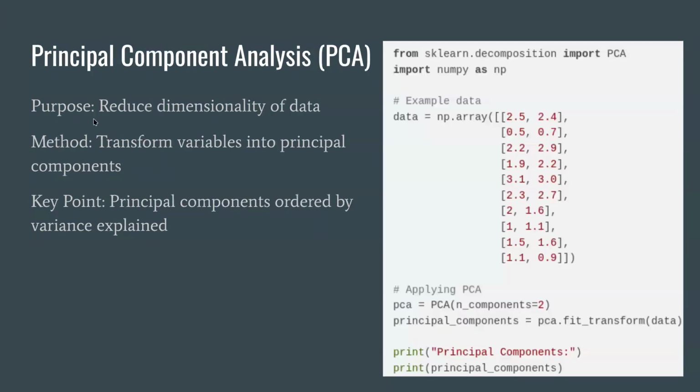This method involves transforming the original variables into new uncorrelated variables, and these new uncorrelated variables are called principal components. These components are ordered by the amount of variance they explain.